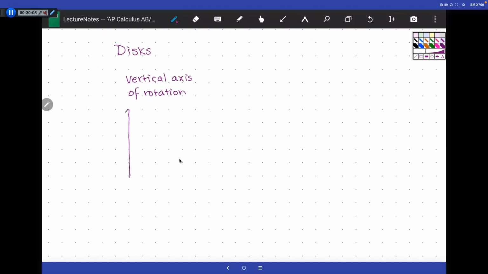You'll have the vertical axis of rotation, which could be the y-axis, but it could be a different vertical line, and we'll see how to do that. It's actually not that big a deal, but it doesn't have to be the y-axis. And then the representative rectangle is always perpendicular to your axis of rotation.